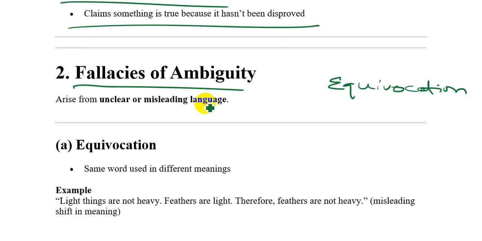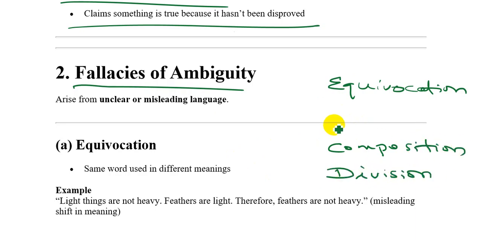In fallacies of ambiguity, we have equivocation, composition, fallacy of division, and amphiboly. Fallacy of equivocation means 4 terms are there instead of 3 terms.